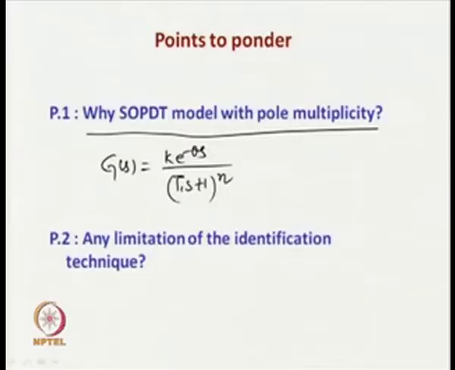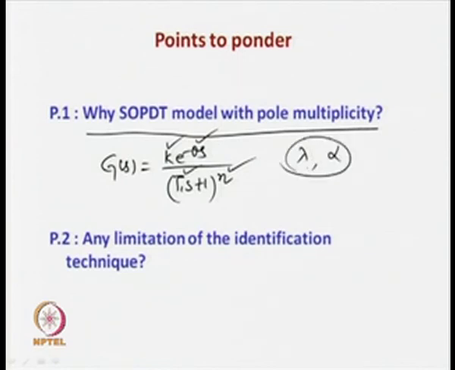For systems with critically damped characteristics, we have pole multiplicity behavior, and in those cases we need to devise or find analytical expressions to estimate the unknown parameters such as k, theta, T1 and n. Therefore, the 4 analytical expressions can conveniently be used to identify the 4 unknowns k, theta, T1 and n with proper limiting values for the lambdas and alphas.